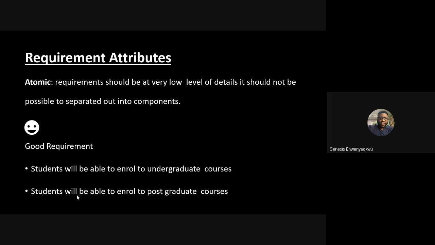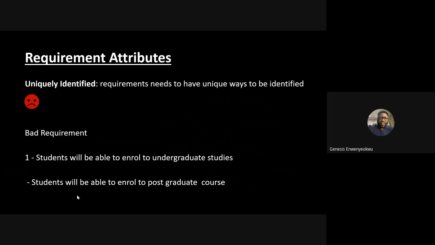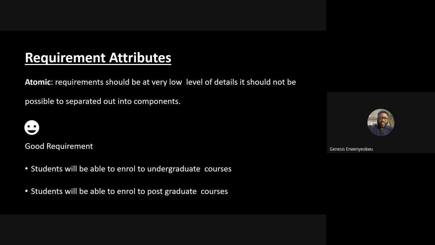Now you say, okay, since I've written this requirement this way, I guess I've written a very wonderful requirement documentation, and I need to submit. But when you go further again to look at other components of TACUPT, such as uniquely identifiable, you realize that the requirement you just wrote, that you felt is atomic and satisfies everything about a good requirement, is not sufficient.